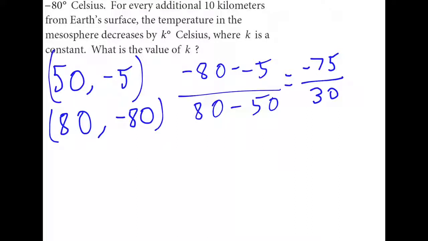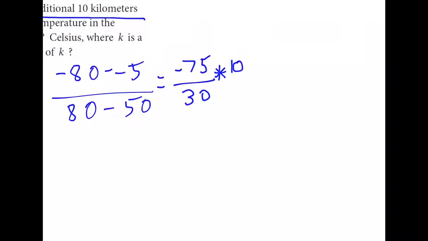The trick here is that this tells me the average rate of change for every 1 additional kilometer. But in the question they told us they want the change for every 10 additional kilometers. So I'm going to again multiply this by 10. This gives me -750 divided by 30. I can use the division trick to get rid of these zeros.